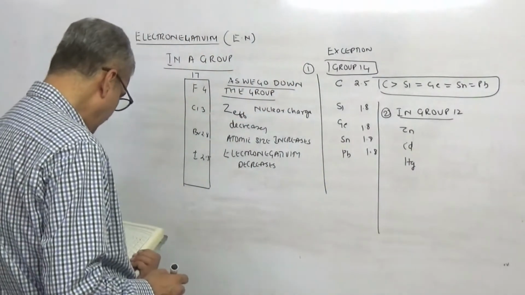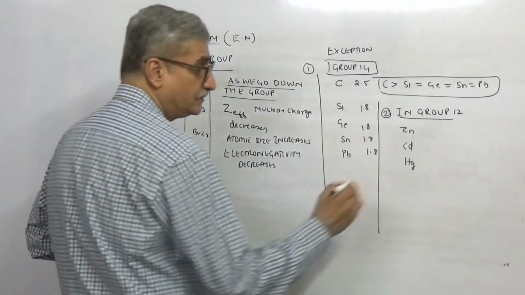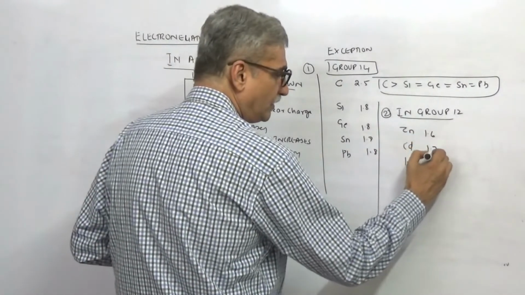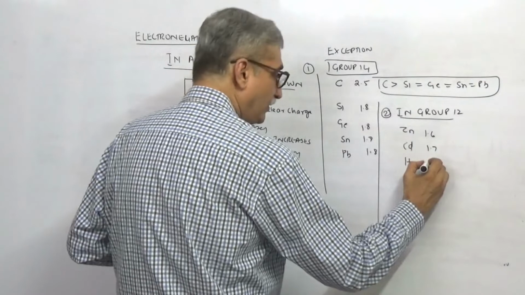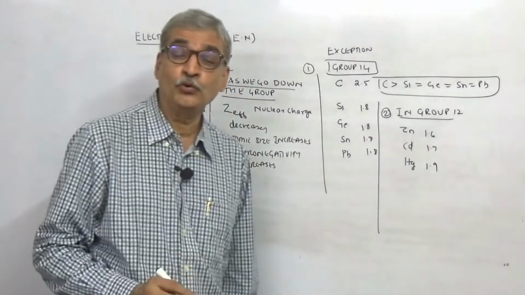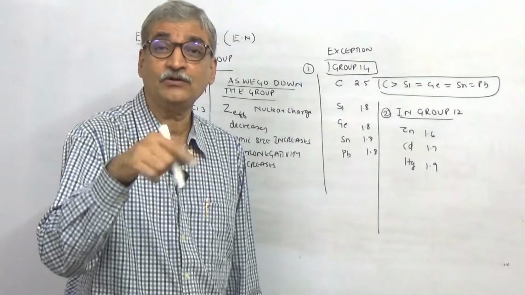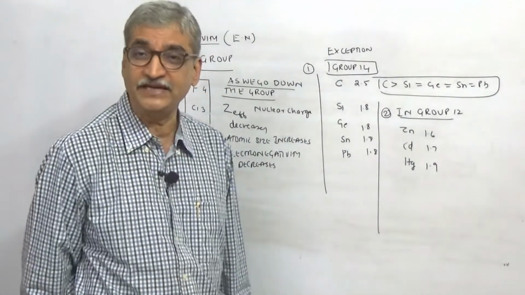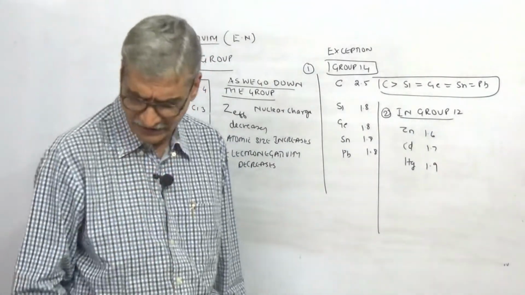In case of zinc, cadmium, mercury, what is happening? 1.6, 1.7 and 1.9. So in which group does the electronegativity value increase? It's odd behavior. This is how they catch you in the entrance exam.